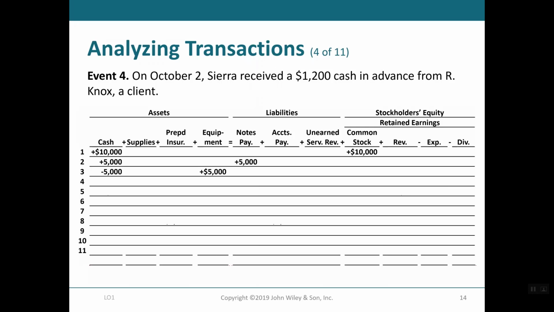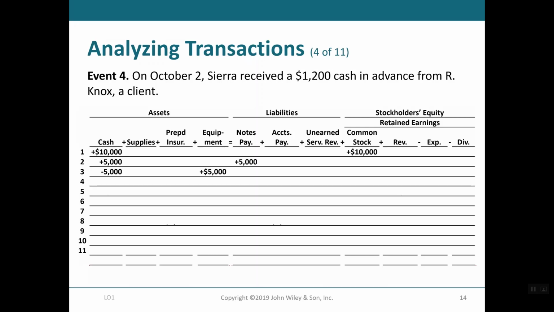All right. Number 4. On October 2, Sierra received 12,000 cash in advance from Arnox, a client. So this is a situation whereby a client is giving Sierra money ahead of time before the service is even performed. And like I've explained before, I think that was in chapter 2, when we have unearned revenue, you are being paid for services that you have not yet performed.